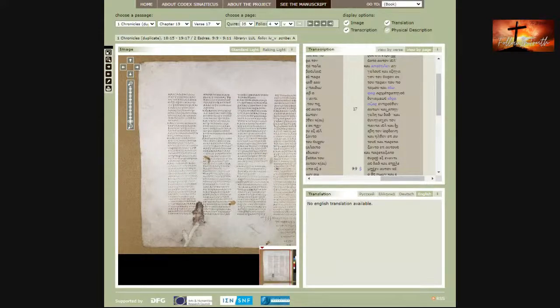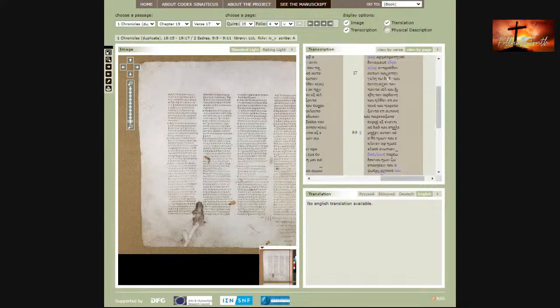Right, so 1 Chronicles has 29 chapters. I should have had that ready. There are 29 chapters in 1 Chronicles, but the scribe who is copying Sinaiticus, he jumps all the way, and there's no space, so it's not like he's deliberate. So this hasn't been lost. There's no space between this. There's no gap, or there's no missing manuscript.